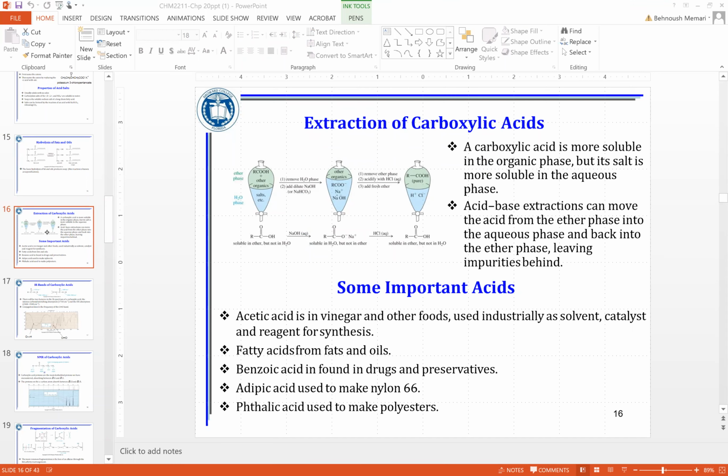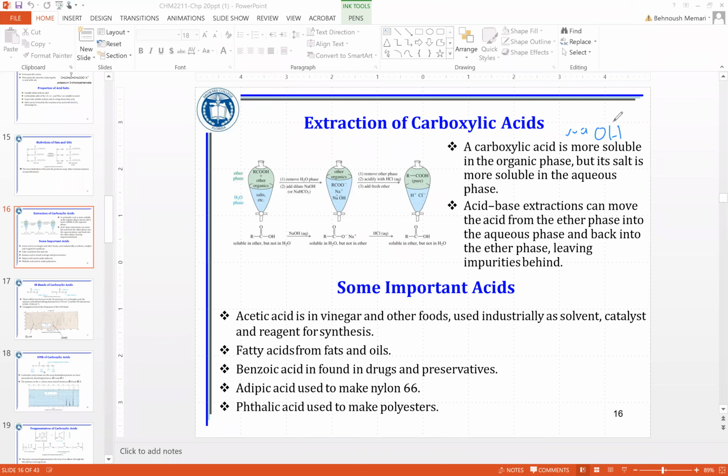Carboxylic acids can react with a strong base, and if one reacts with a strong base, it changes to the salt of the carboxylic acid. If you bring in sodium hydroxide or potassium hydroxide, the salt that forms is the sodium salt or potassium salt. Any compound that contains sodium or potassium is going to be soluble in water.